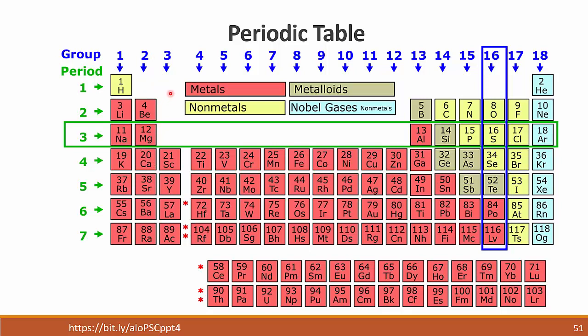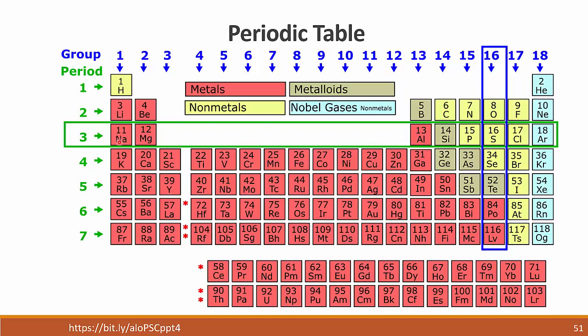I'm not going to talk about groups 3 to 12 because for this level of coverage I'm sticking to just the first 3 periods, and these are not going to come into the first 3 periods.